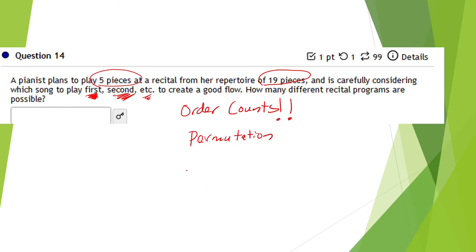So I'm looking for 19 permutations of 5 because we have 19 to choose from and we're going to pick 5. So n is 19 and r is 5. So we'll type in 19 P 5 in our calculators.